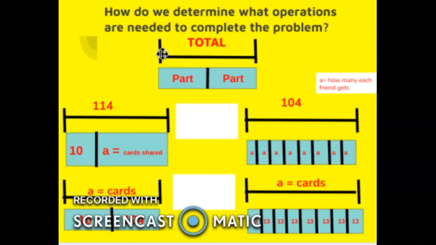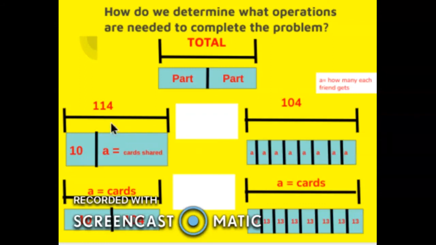So remember, this bar that goes all the way across means the total. Do I know the total amount? If I know the total amount, then these two pieces down here equal the parts. It equals the parts that I will either use to solve the problem, or part of it will be used to solve the problem. That's when I've got to come down and actually look at it with numbers.